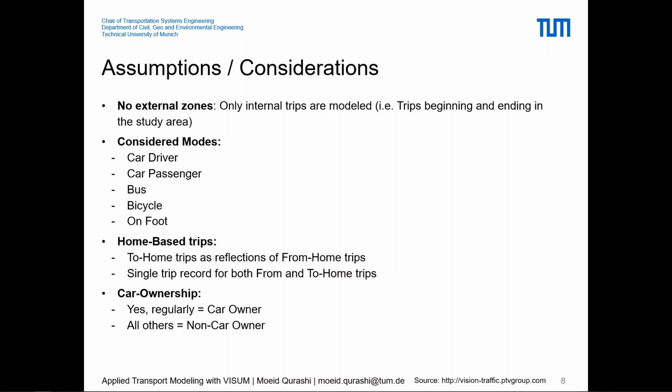So we are right now considering no external zone, which means that all the trips that we will model are either produced or attracted within our study area. So no through traffic, no traffic coming into the study area, no traffic going out of the study area.